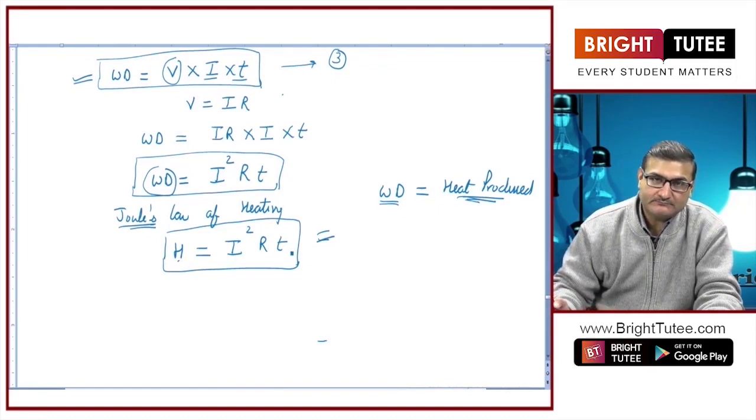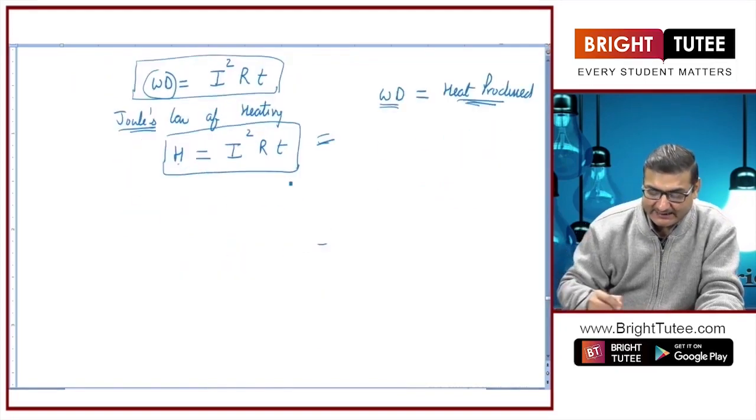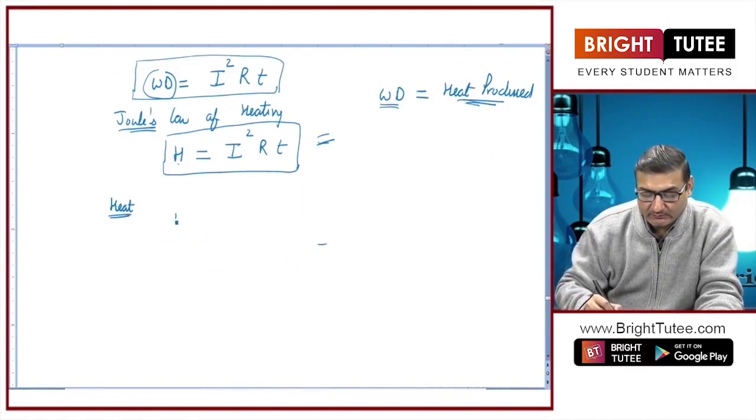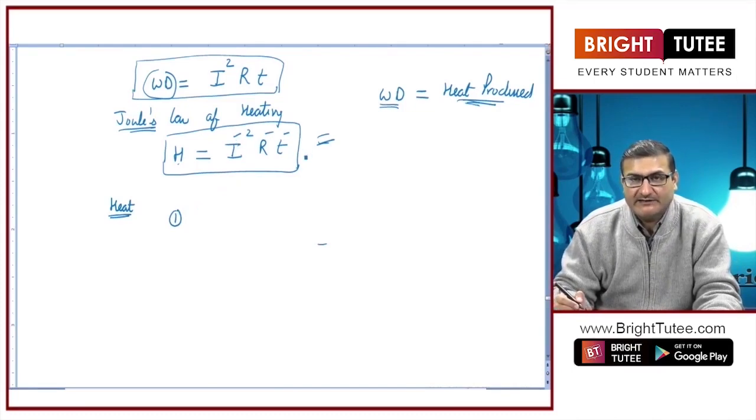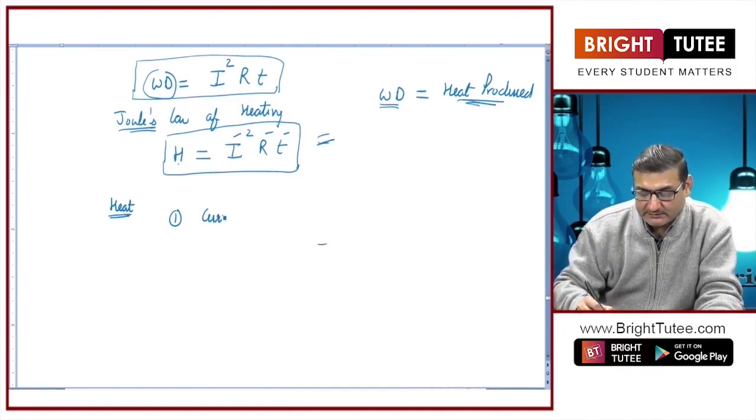Got it? Now, looking at this formula, I can easily relate that the heat produced depends on various factors. What are those factors? In the formula, we have these 3 things. First factor is the amount of current.